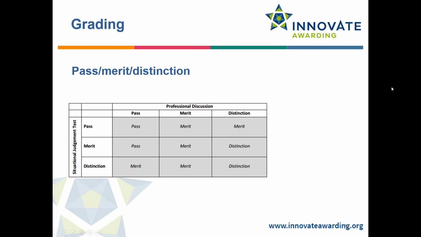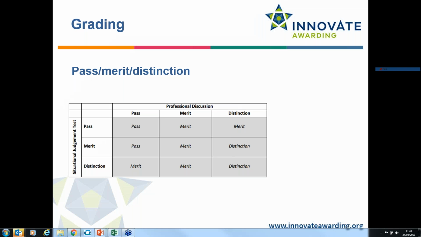And this table here is taken from the assessment plan itself, and what I can do is give you some examples of how those final grades are achieved. So an example would be if an apprentice achieves a pass in the situational judgment test there.